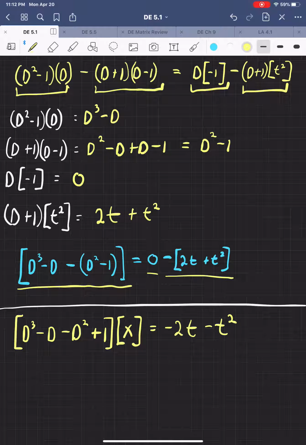So now, I'm going to copy and paste this part over to the next page, but I want to show you what this would also look like in y notation, right? So this is the same thing as having y triple prime. I'll go ahead and write it in order, minus y double prime minus y prime plus y.